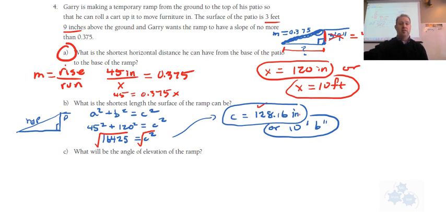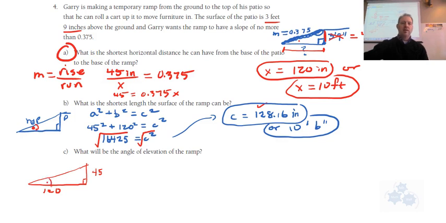Understand that now? Finally, in 4 here, we're asking for the angle of elevation of the ramp. So we're looking for this angle right here. We have a right triangle with the ramp as the hypotenuse. I know this is 45 inches, I know this is 120 inches, and I'm looking for this angle.